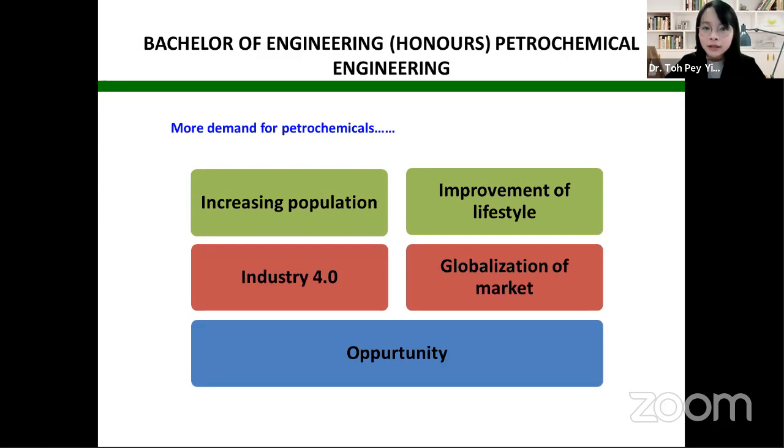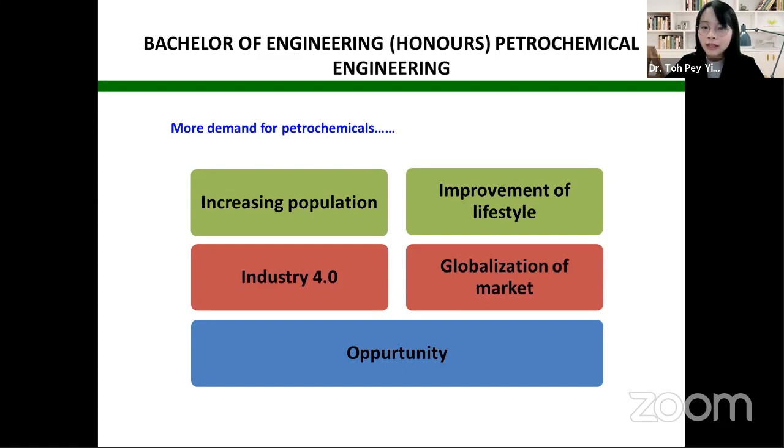Another thing we found is that the demand for petrochemicals is increasing nowadays. What are the reasons? First is the increase of population. We have a lot of people nowadays, so the demand for products increases significantly. Another is Industrial Revolution 4.0. Now we are applying it in industry, so productivity will improve significantly.